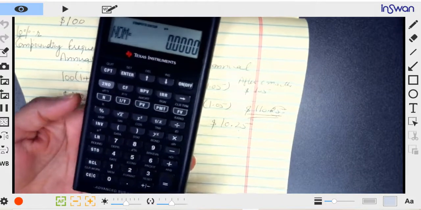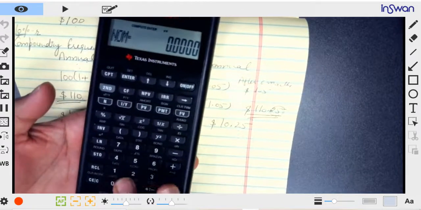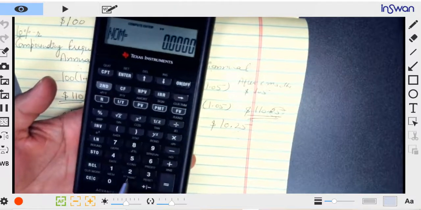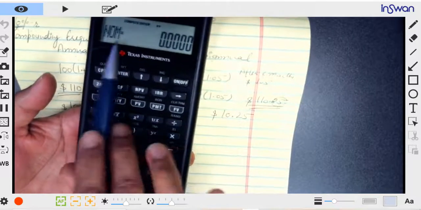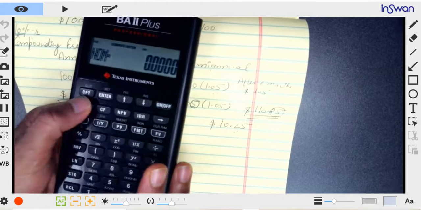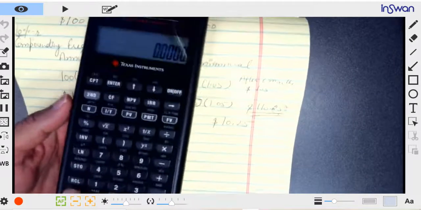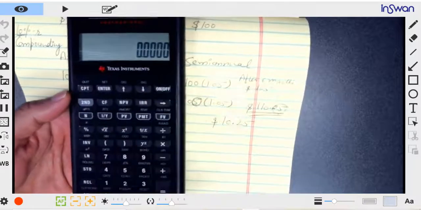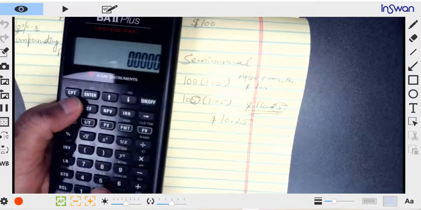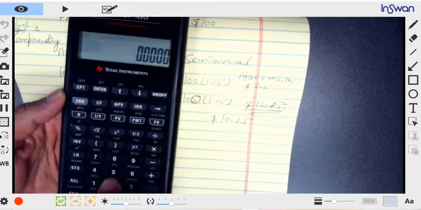How did I clear this? Once I reached this stage, I saw this nominal here. Again, I will hit second and this button right here, clear work. Once I do that, I can simply clear if something is in the background.